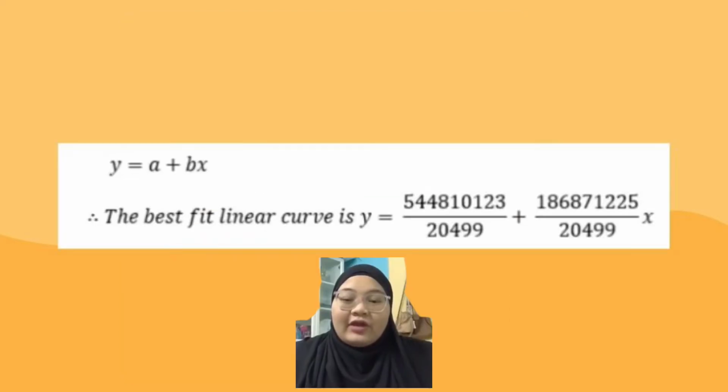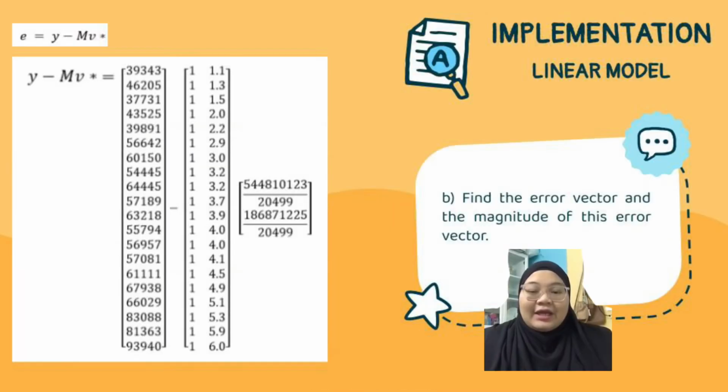After we get our values of v, which are a and b, we substitute them in our least squares fit of the linear equation, which is y equal to a plus bx. So, we can get our best fit linear curve as shown in the slides. Next, we need to find our error vector and our magnitude of error vector, where the formula is y minus mv.